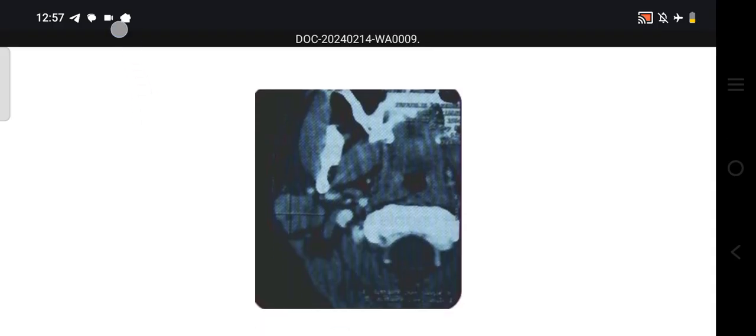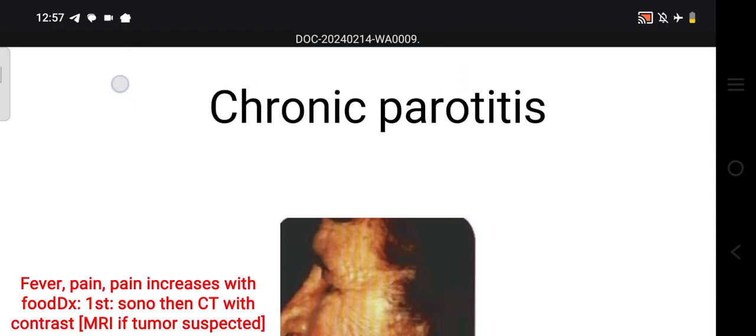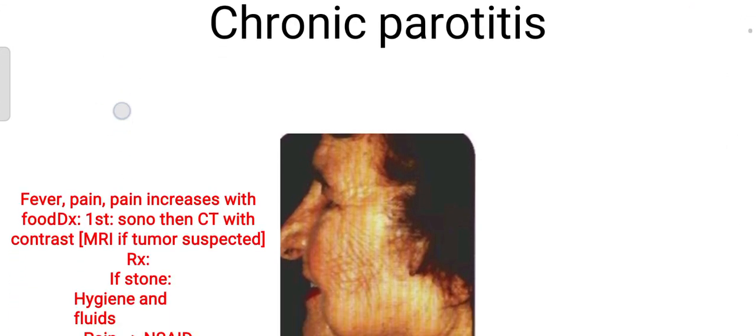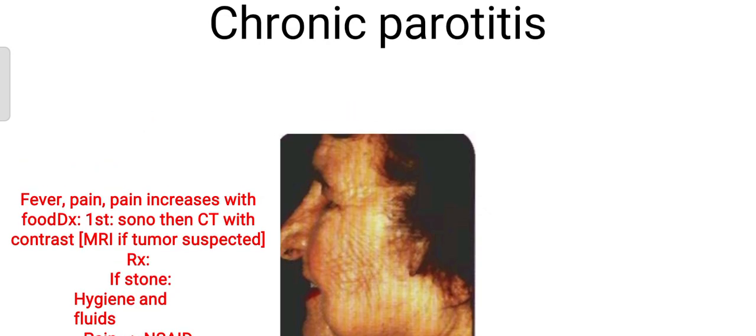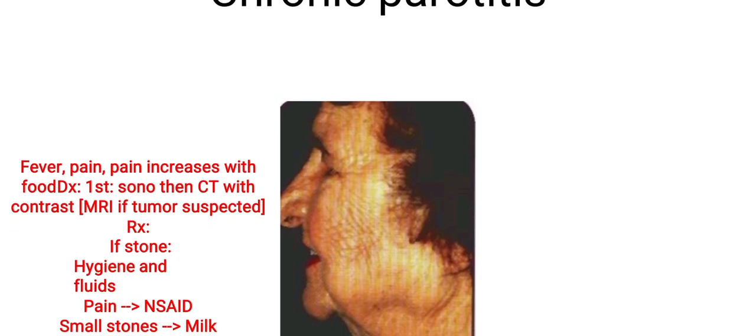So this is the CT of the parotid gland, and this is chronic parotitis. In chronic parotitis, you will see fever, pain, and painful swelling. In this picture, the first investigation is sonography, and then CT scan with contrast.